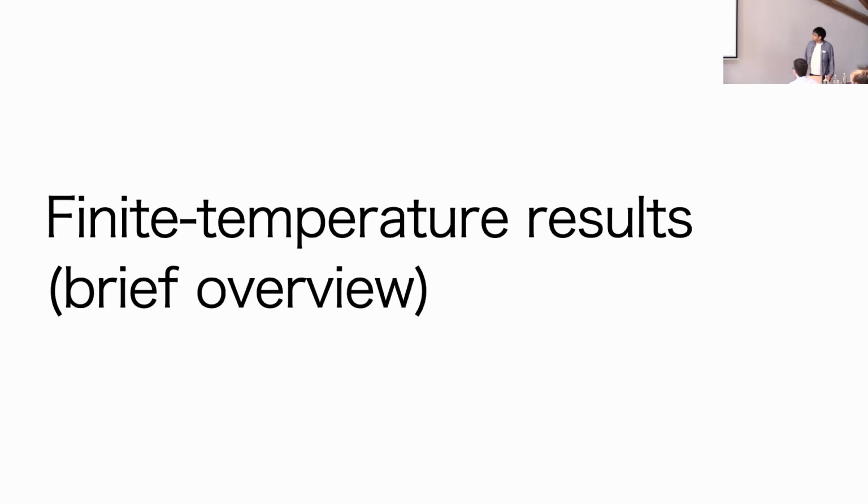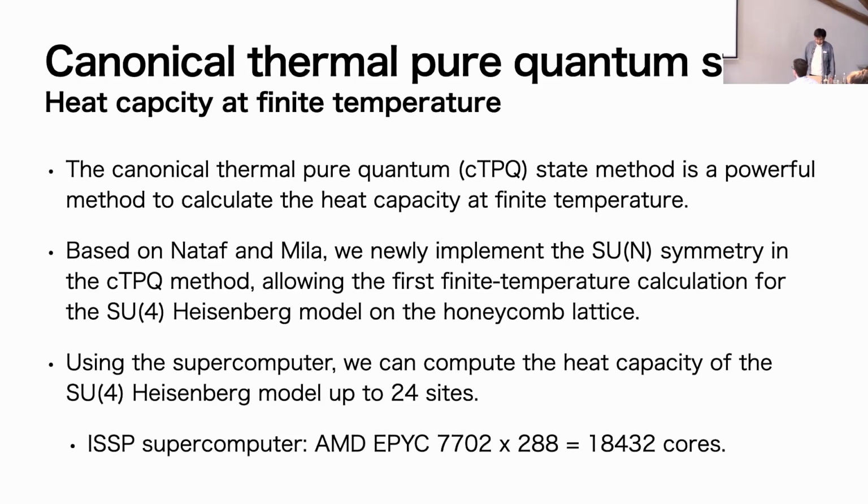The first thing is to show a brief overview of the finite temperature results calculated from the CTPQ calculation. CTPQ is a method with the name canonical thermal pure quantum states, developed by Shimizu and Sugiura-san at the University of Tokyo.